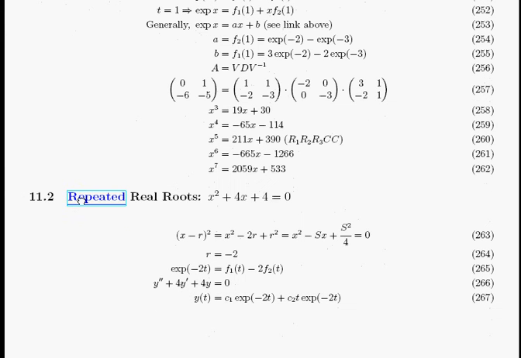Now repeated real roots. When r is minus 2, we have the characteristic equation y double prime plus 4y prime plus 4y equals 0.